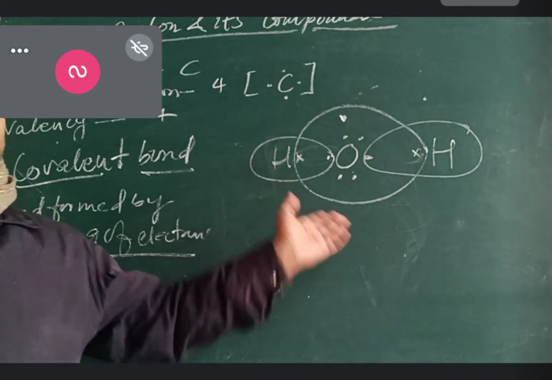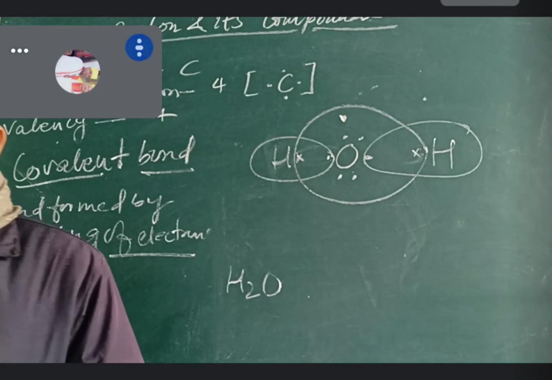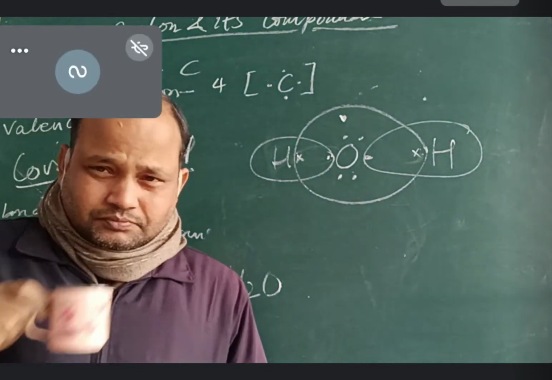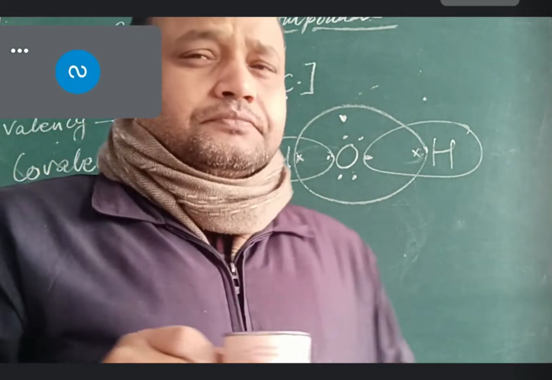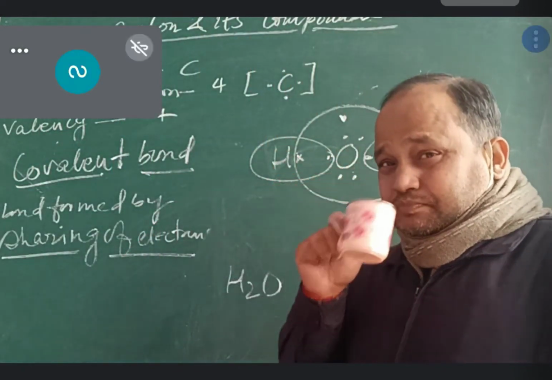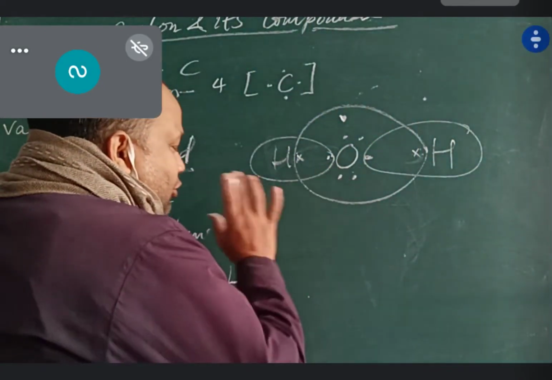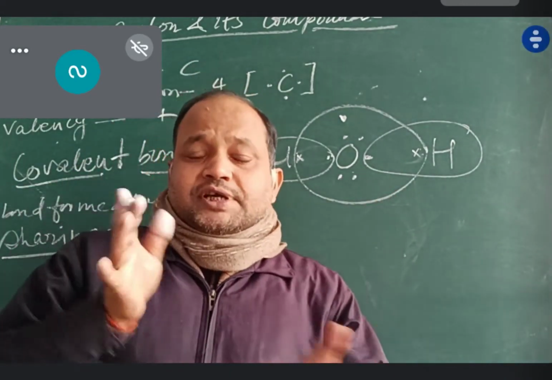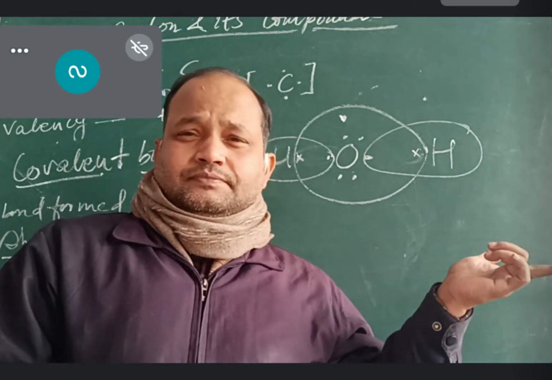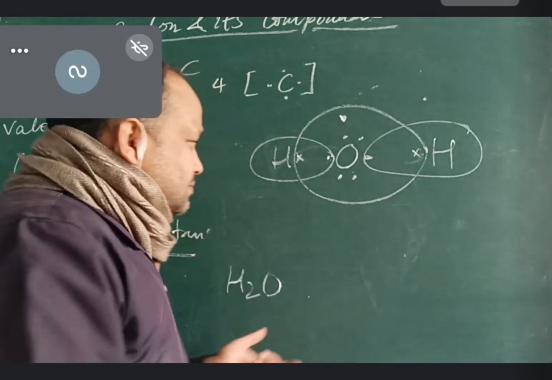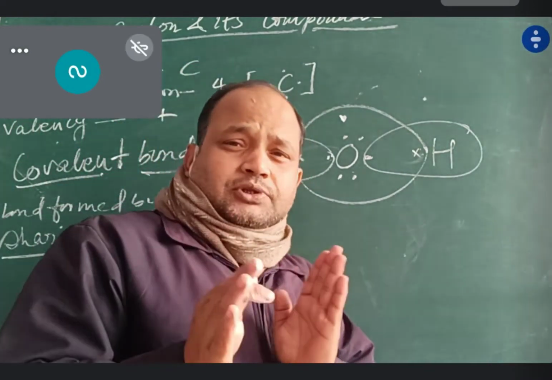Now, how many electrons does oxygen have? 8. So, what did you find here? You found that the shared pairs of electrons are counted on both sides.